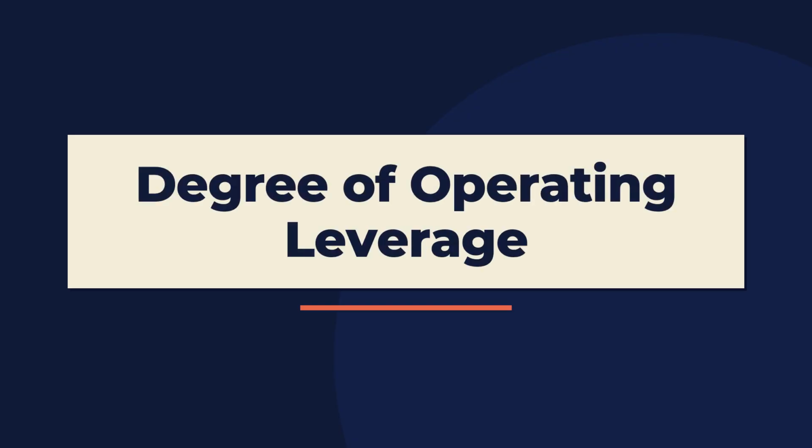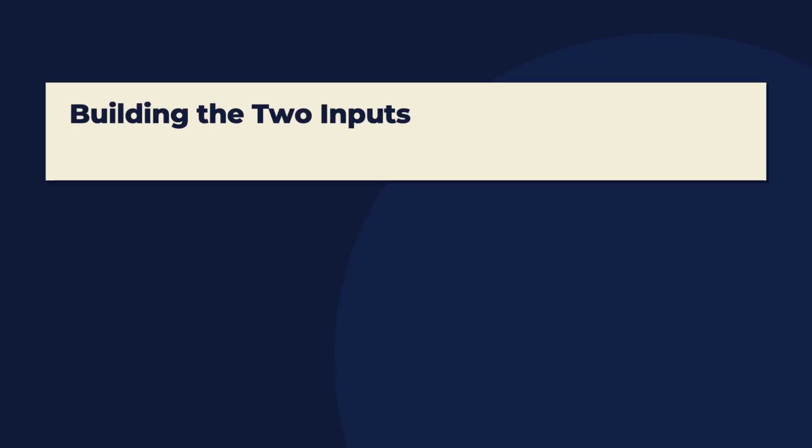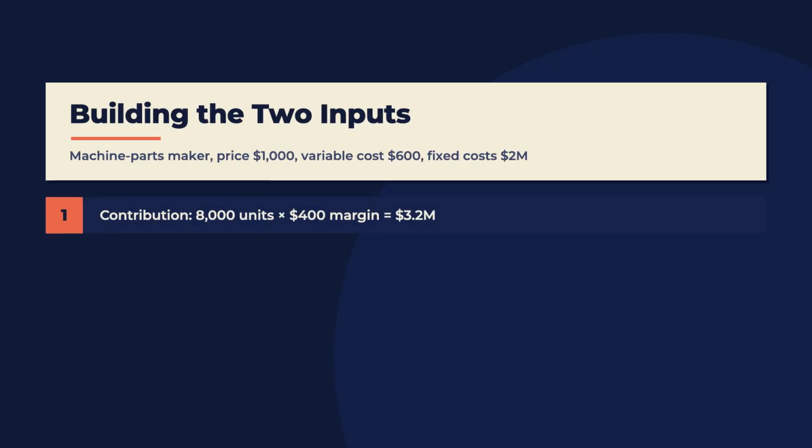Computing degree of operating leverage is a two-part exercise. Build the operating profit, then take the ratio of contribution to operating profit. Let's walk through one firm at one sales level to see how the pieces fit together. At 8,000 units, contribution is $3.2 million, and subtracting $2 million in fixed costs leaves operating profit of $1.2 million.